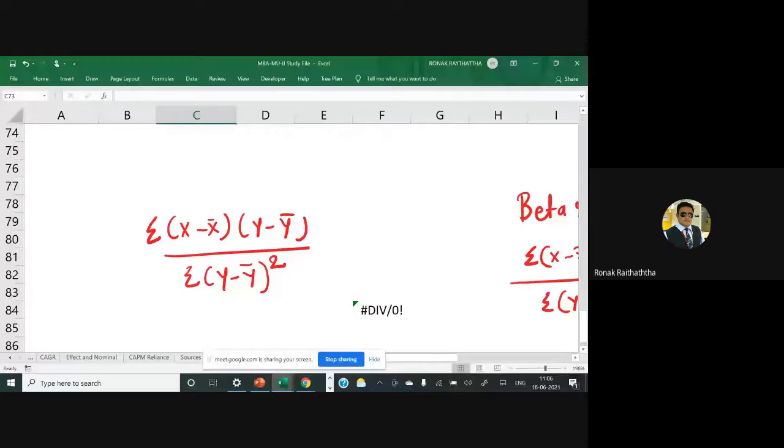X will be taken as Nifty and y will be taken as Reliance. Now y is basically the dependent variable. So Reliance is dependent on the entire Nifty. Entire Nifty is independently moving. That's what we are assuming. Market is independently moving. So here we have got the Reliance.